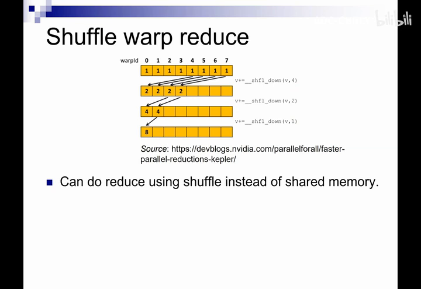So the first thing you're going to do is shuffle down by the size of your warp divided by 2, so shuffle down by 4. After you do the shuffle down, you take your current value and add it to the shuffled value.